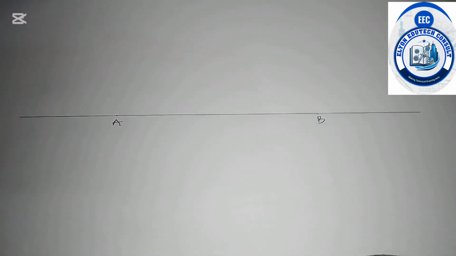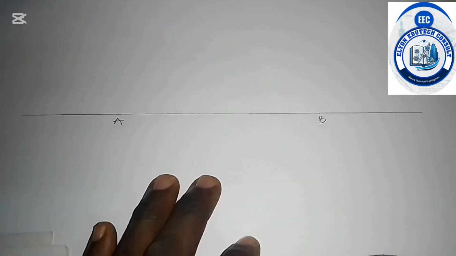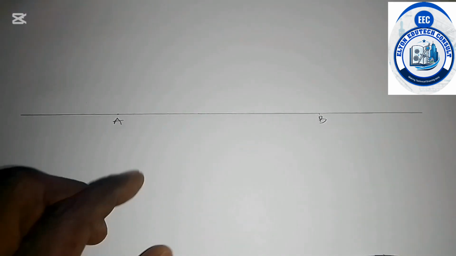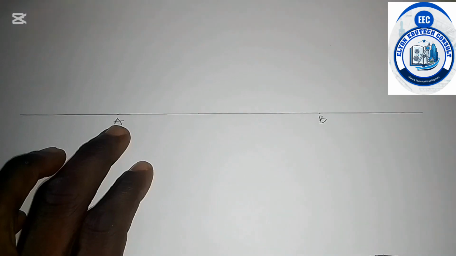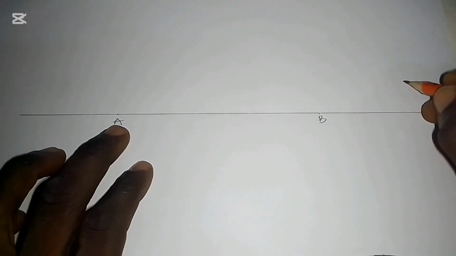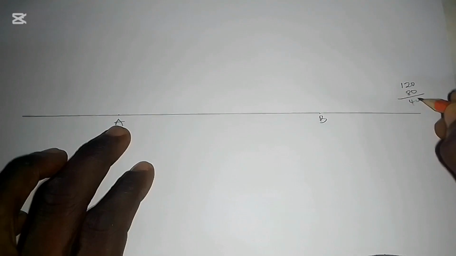Now we are also given that the foci points are 80 mm apart. To get the foci points, let's do a little calculation. 120 minus 80 will give us 40.